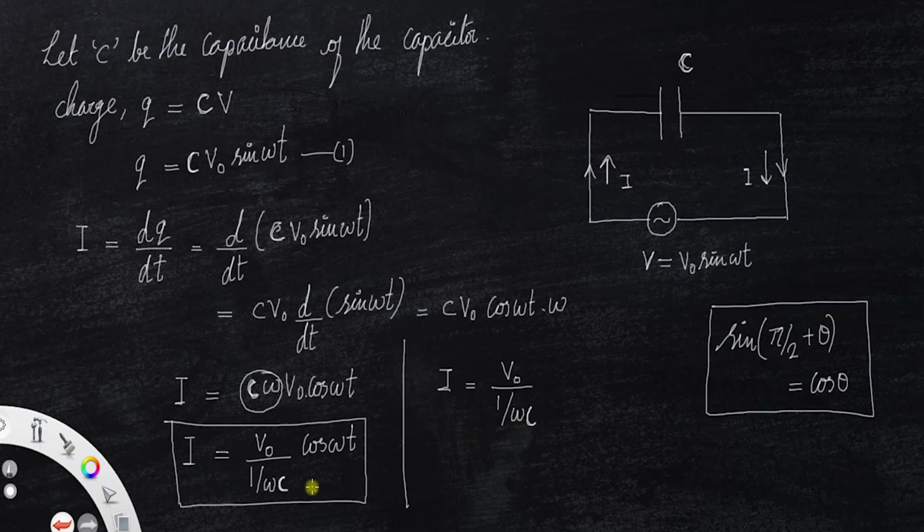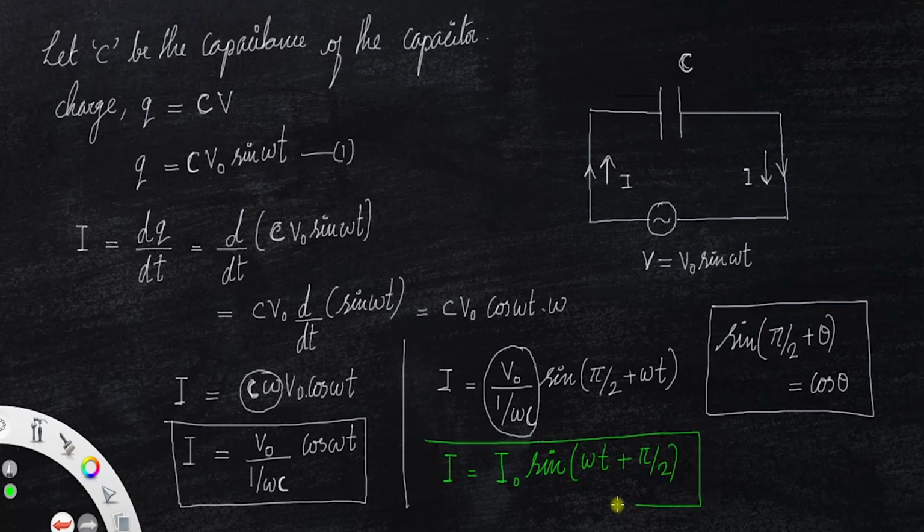So instead of cos omega t, you can write sine pi by 2 plus omega t. Let me represent the peak as I0. So we have the final expression I is equal to I0 sine of omega t plus pi by 2. So this is the expression for the current at any instant in a purely capacitive circuit.